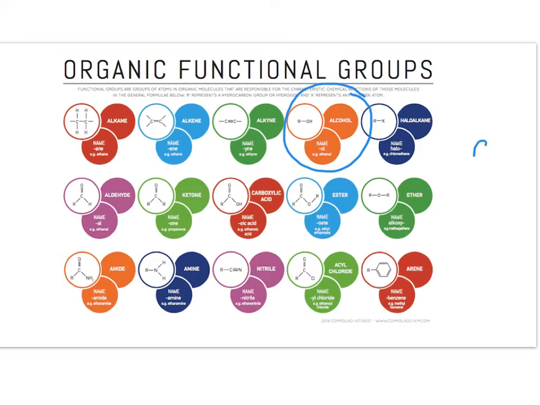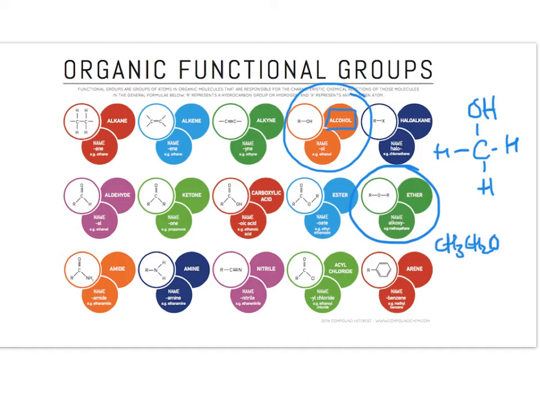So if you have an alcohol, for instance, something like methanol, it's going to have some of the properties of the alcohol group. Similarly, ethers, ethers might be something like diethyl ether. So diethyl ether, CH3CH2O, CH2, CH3, sorry, kind of lost space there.